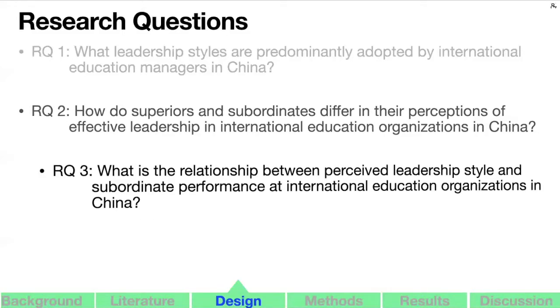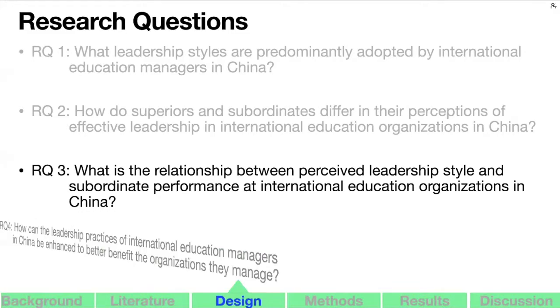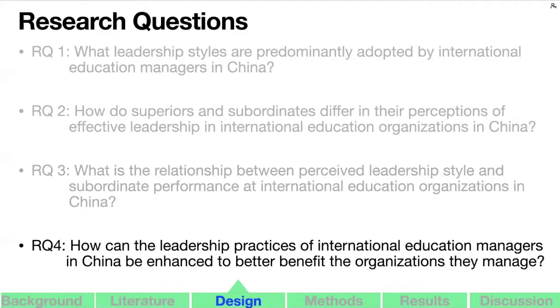The third research question asks, what is the relationship between perceived leadership style and subordinate performance at these organizations? And the last research question asks, how can the leadership practices of international education managers be enhanced to better benefit organizations they manage?